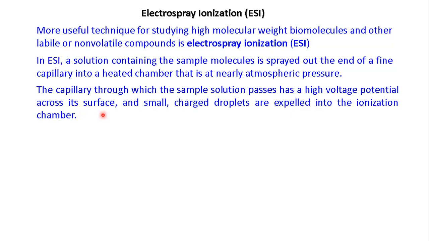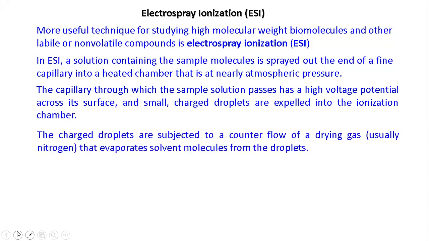Across the surface the potential is generated, so charge. Small charged droplets are expelled into the ionization chamber. From the capillary tube mouth, the droplet is falling and is directed to the ionization chamber.